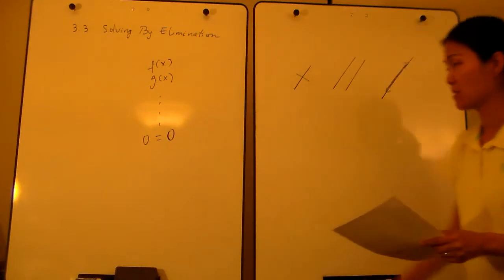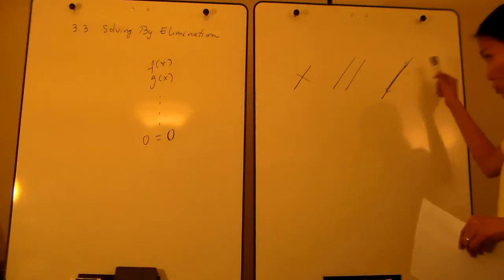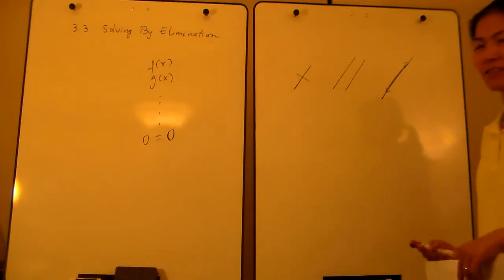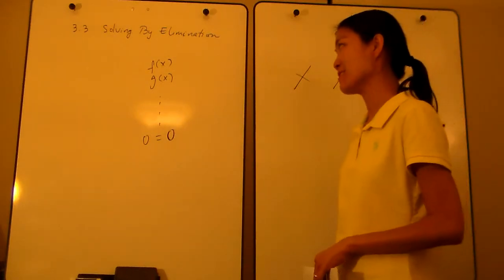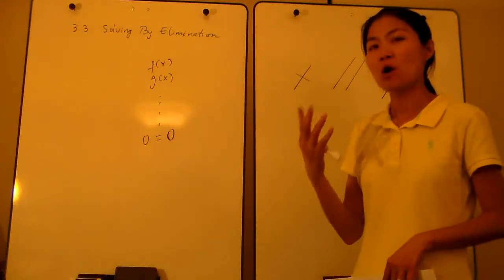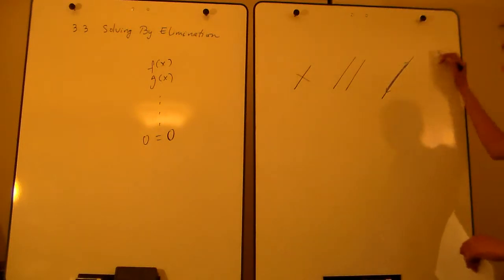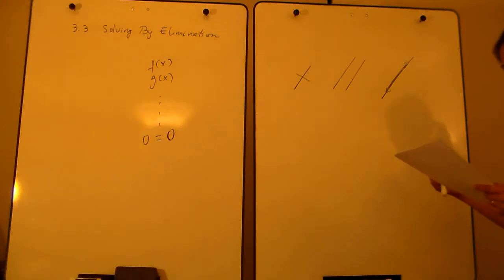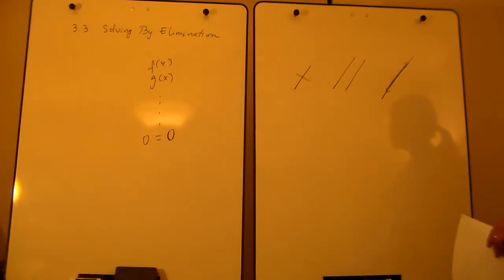When this happens, the two equations represent two lines that are actually the same line. The equations are just written in a different format, but they both represent the same line. In that case, you would have infinitely many solutions, and you would say they're consistent. Consistent because these two lines do intersect.